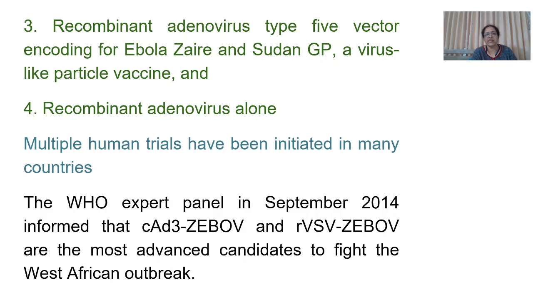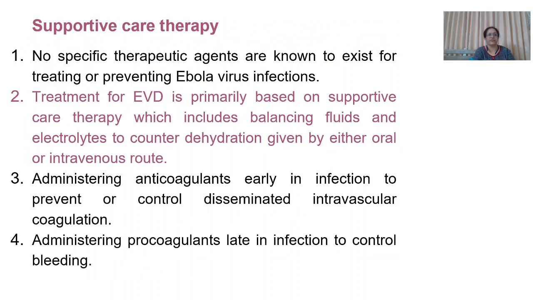Multiple human trials have been initiated in many countries using various types of vaccines. According to the World Health Organization, on September 14, they informed that CAD3-ZEBOV and rVSV-ZEBOV are the most advanced candidates to fight the West African outbreak of Ebola.